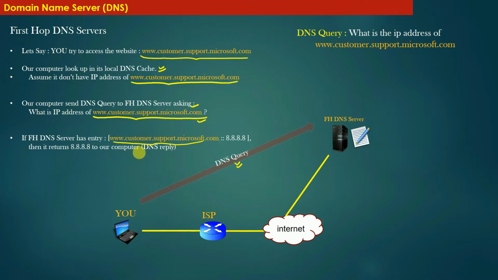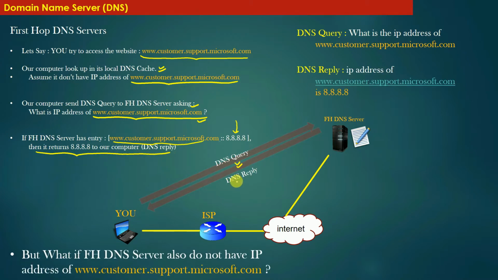So let us assume that this First Hop DNS server knows the IP address of this website. Then in that case, this First Hop DNS server will reply back to our computer with a DNS reply. And what is a DNS reply? A DNS reply is another DNS message, and it means that the IP address of website www.customer.support.microsoft.com is 8.8.8.8. So simple.